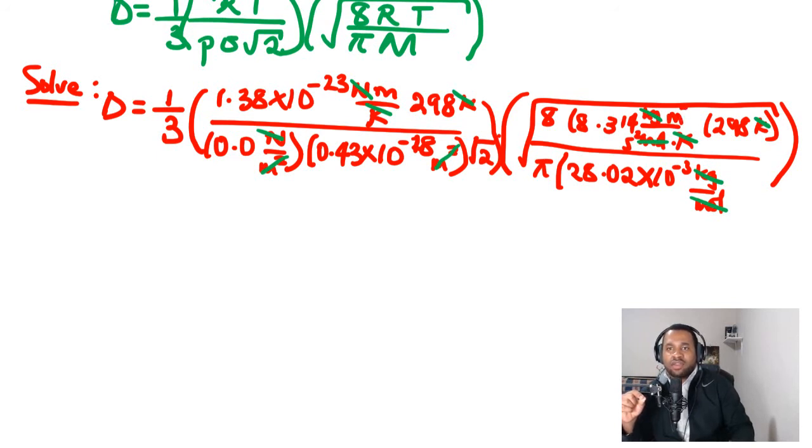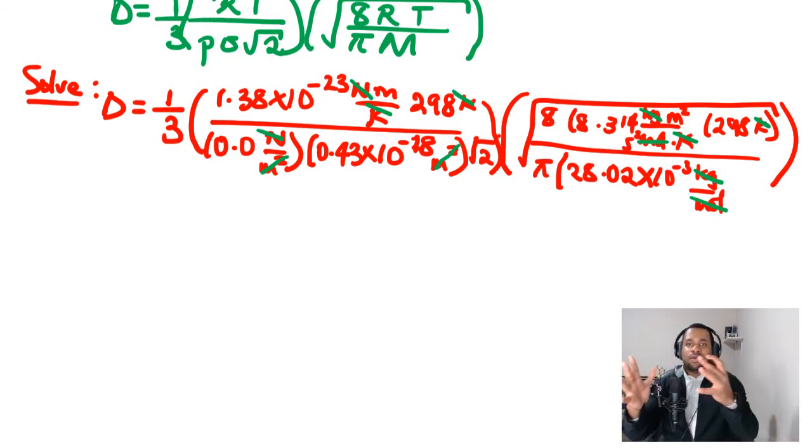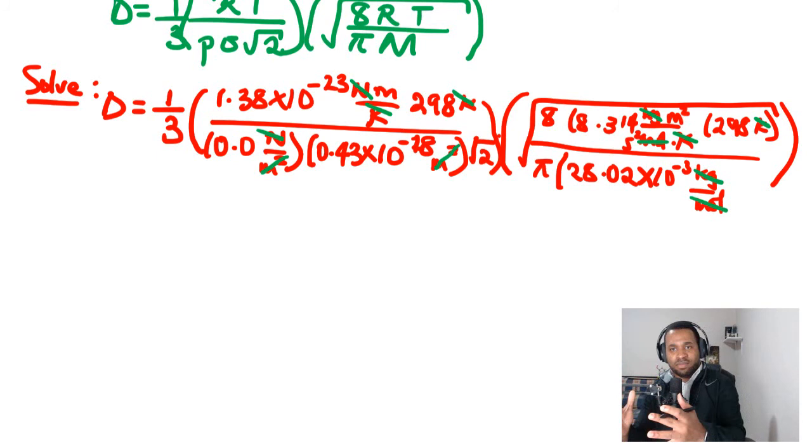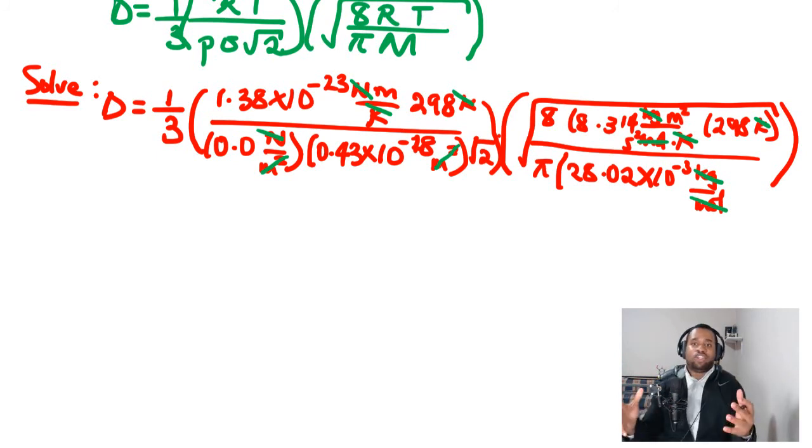And meter squared, because we know that newtons times meter gives us our joules, and for our newtons we are measuring our mass by the acceleration, which in this case is meter per second squared. Therefore meter times meter is meter squared, and we have kilograms right there. So in this case we are left with meter squared.